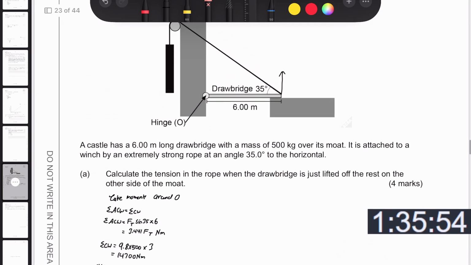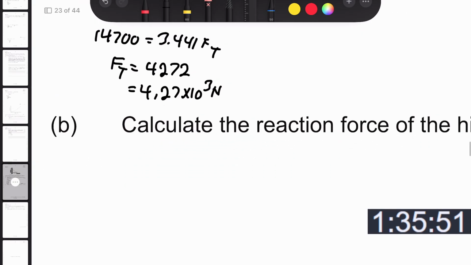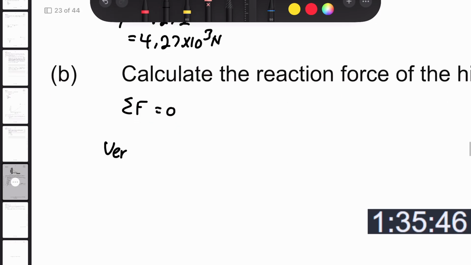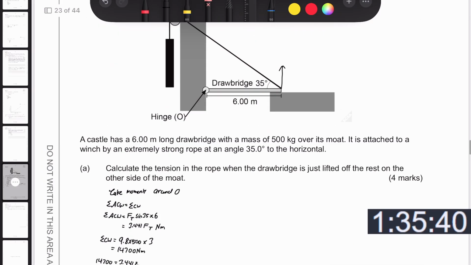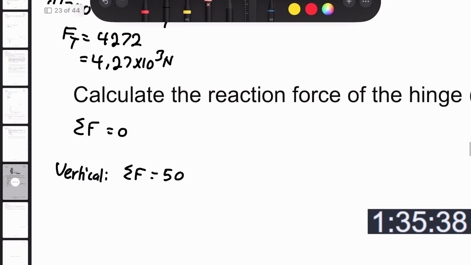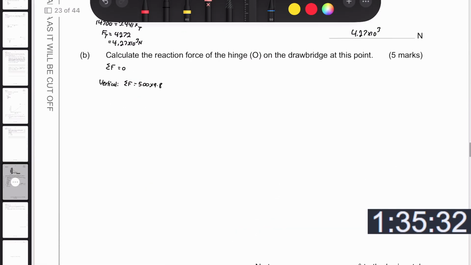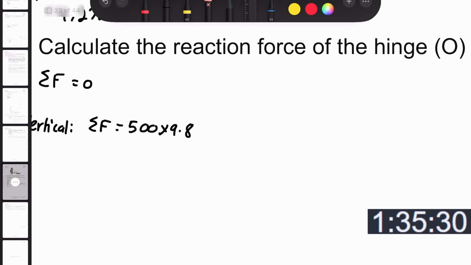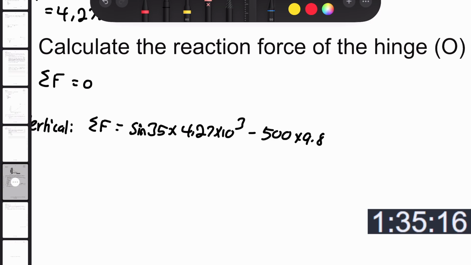Reaction force on the drawbridge at this point. So we'll say that the sum of the forces is equal to 0. Vertically, the sum of the forces is sine of 35 times 4.27 times 10 to the power 3, minus 500 times 9.8, where down is negative.